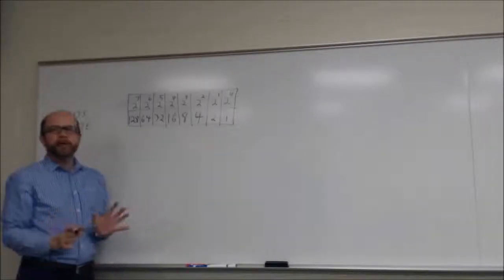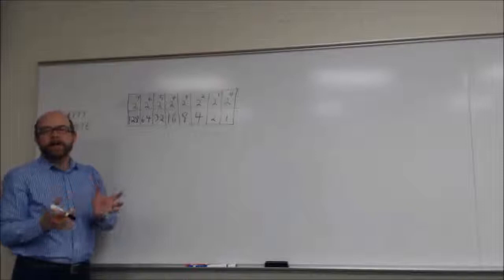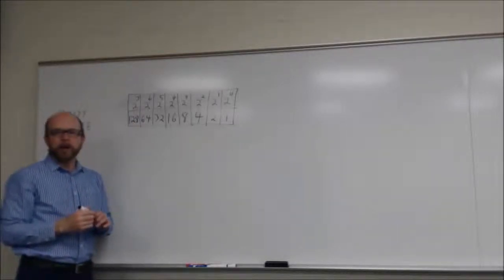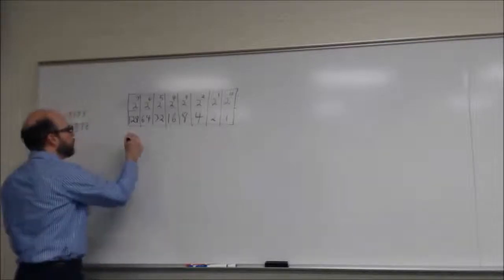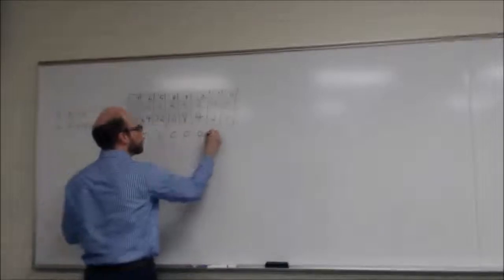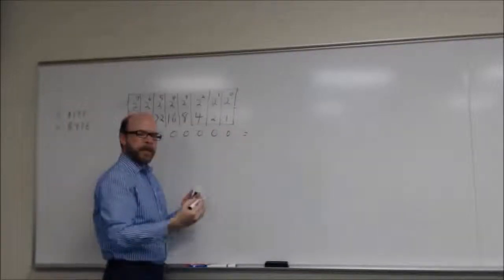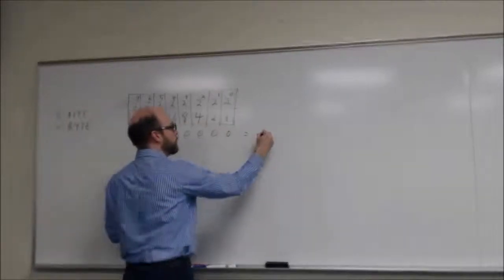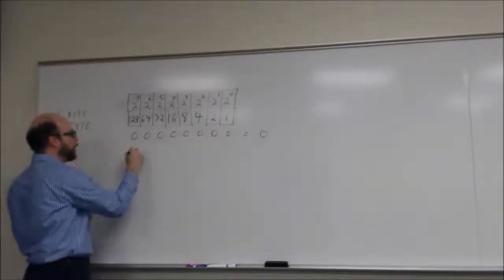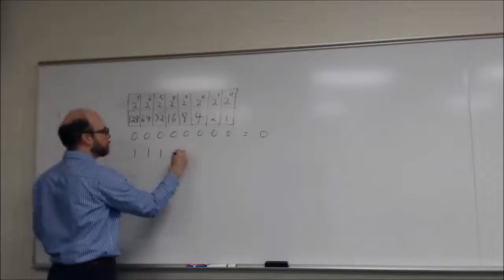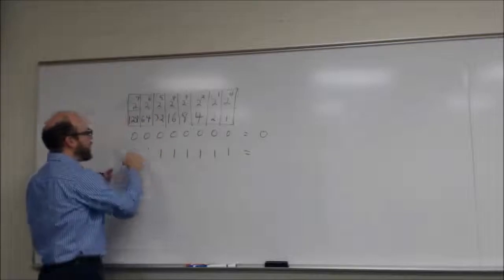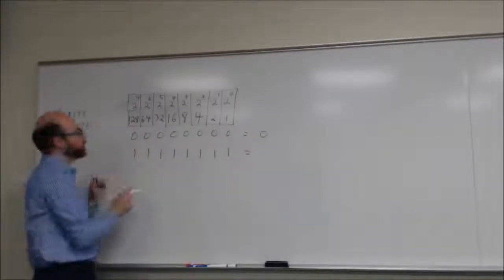So given any binary number, any binary byte, we can calculate what the decimal value of that byte is. So if these are all zeros, then our decimal value is 0. If each one of these is 1, then we can add up the value corresponding to each one of those places.